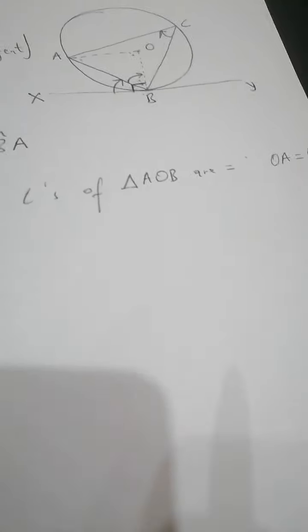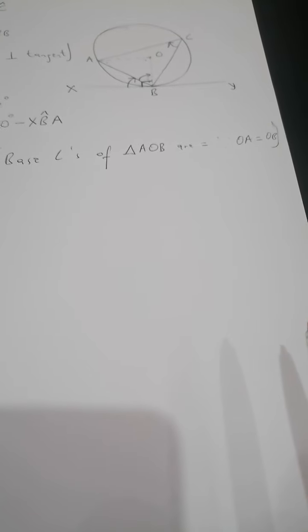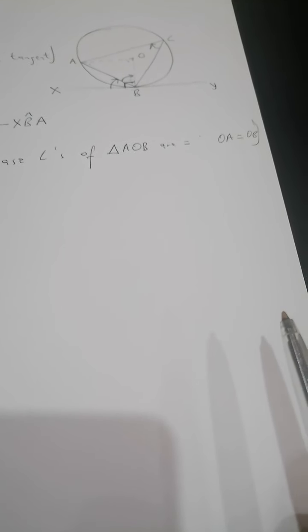Or you could just say base angles of an isosceles triangle are equal, right? That justifies me saying angle OBA equals angle BAO.